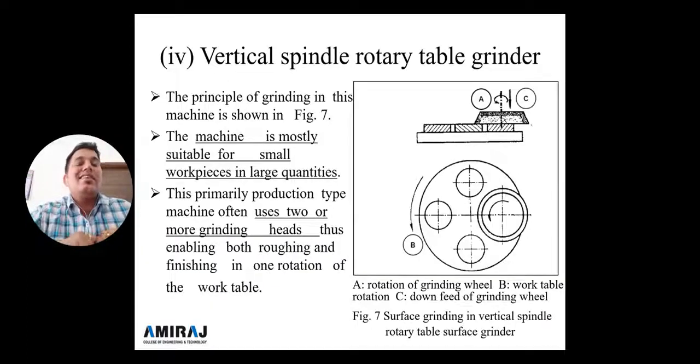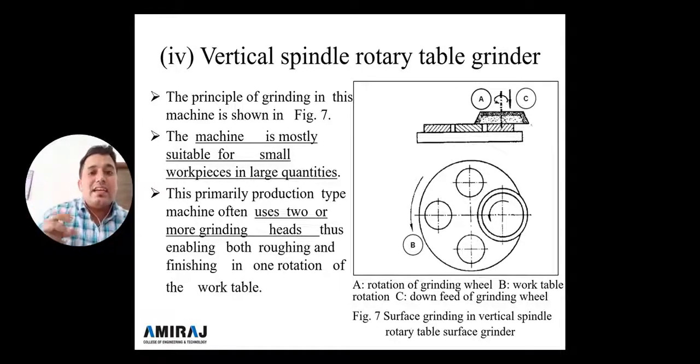Another, last category is the vertical spindle rotary table grinding. This is the same category, but what is the main principle here? The machine is mostly suitable for small workpieces in larger quantities.